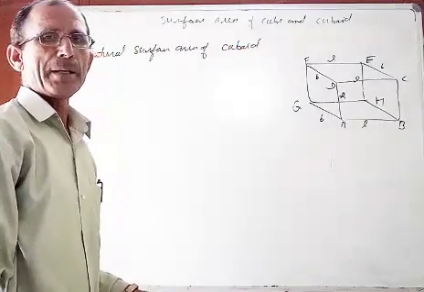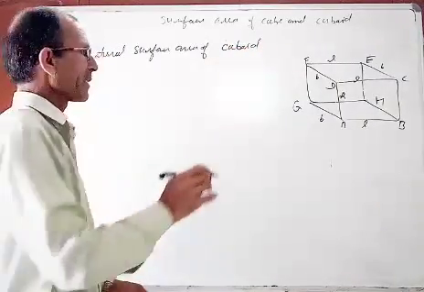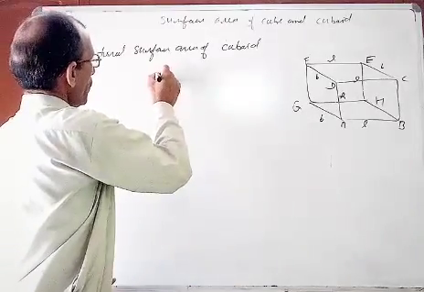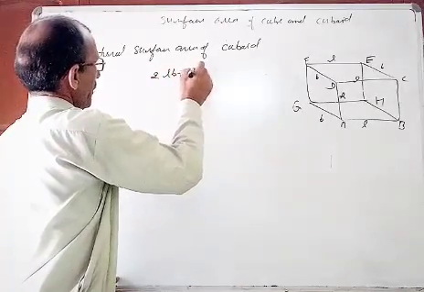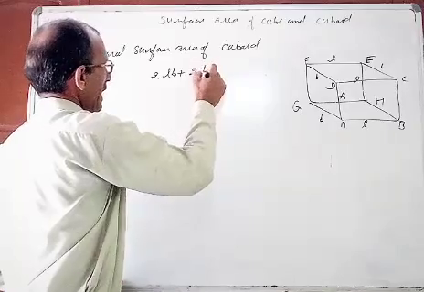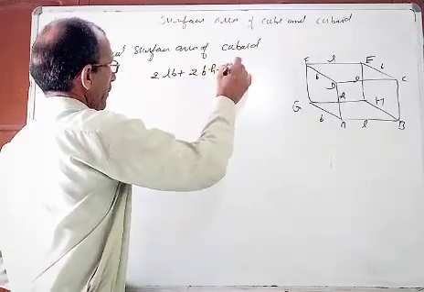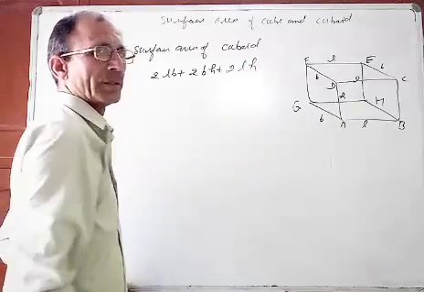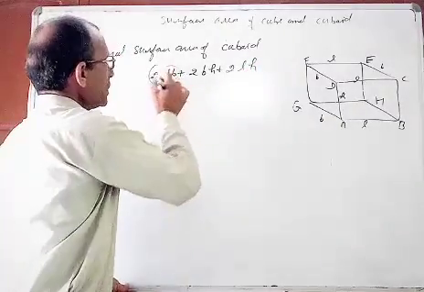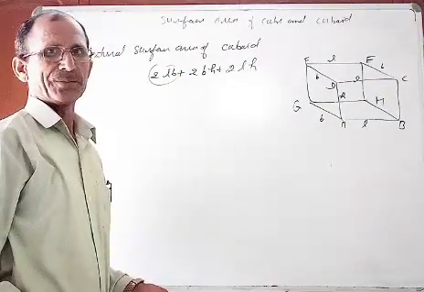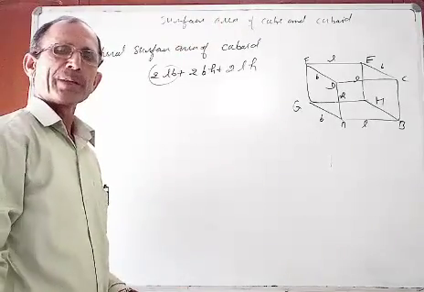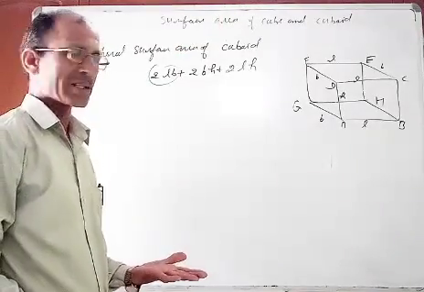Lateral surface area means excepting top and base. So top and base area is 2LB plus 2BH plus 2LH. Now this portion is not included because lateral means excepting top and base, or you can say area of four walls.